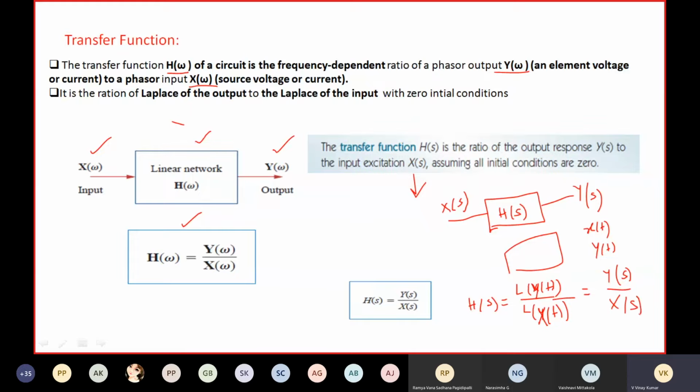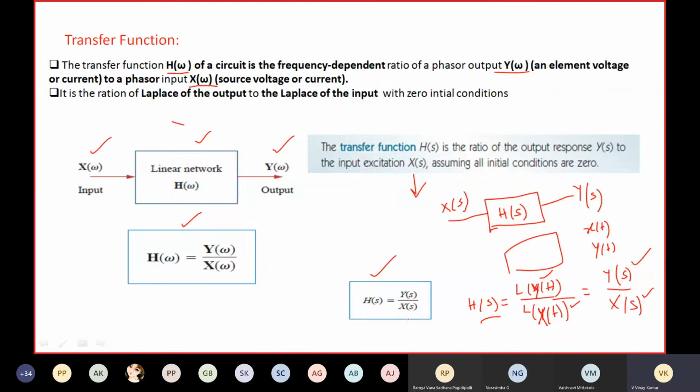The transfer function h of s is the ratio of the output response, the Laplace of output, to the input excitation, x of s, with zero initial conditions.